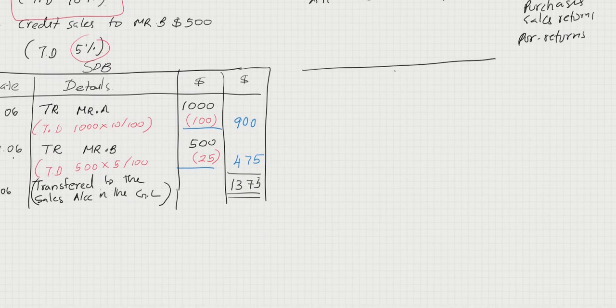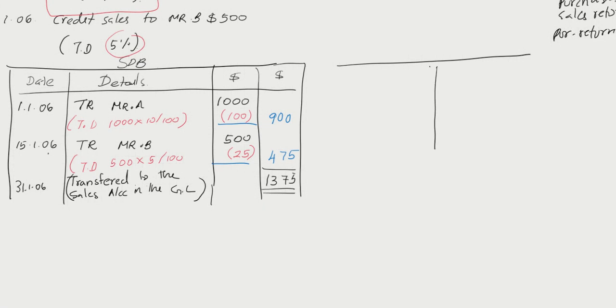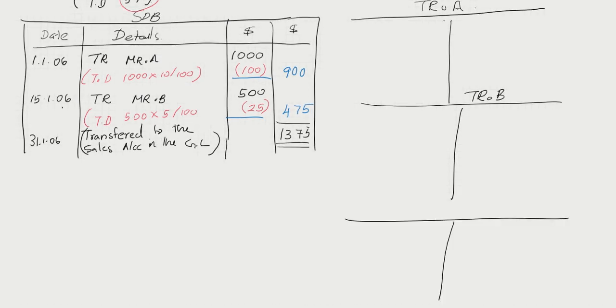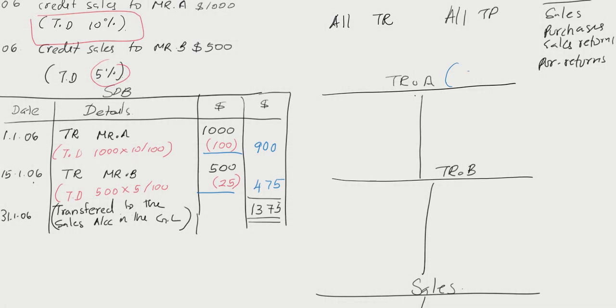Okay. Now let's see how to post these entries. Now you open a TRA account and then you open a TRB account, and then let's open another account which is sales. TRA belongs to SL, sales ledger.